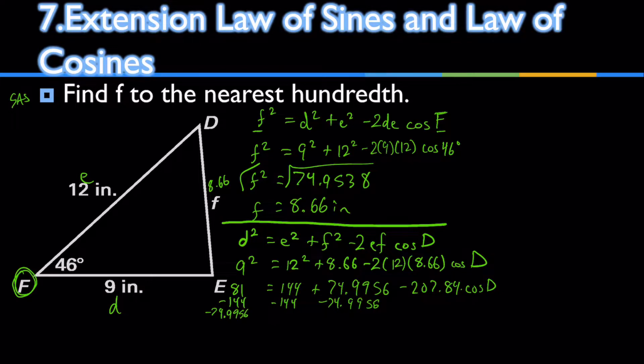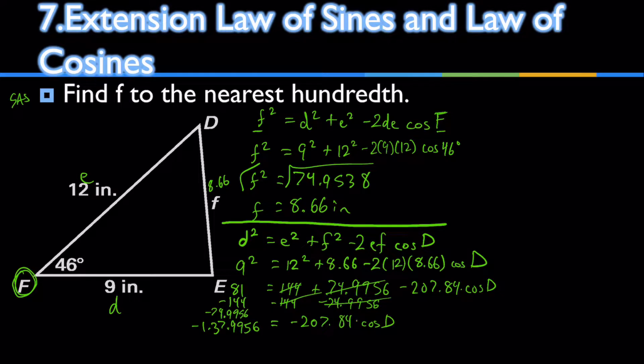So 81 minus 144 minus 74.9956 gives me negative 137.9956, and that equals negative 207.84 cosine D.